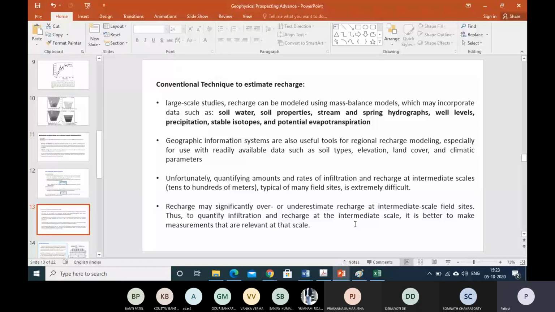Because that is comparatively easy, you don't need a lab. Directly you can use your instrument, and in the field itself you can do the experiment, calculate the recharge rate, and even see the movement of water as well.